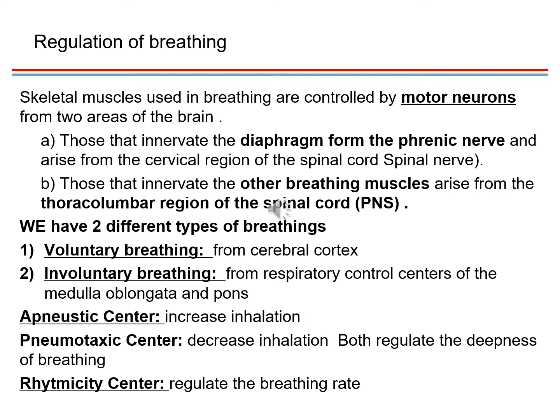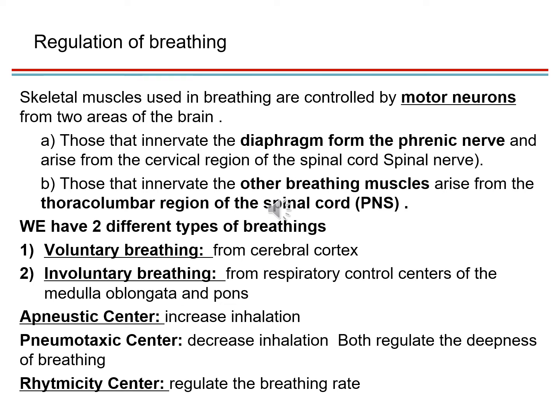The apneustic center that increases inhalation and the pneumotaxic center that inhibits inhalation both regulate the depth of the breathing. How deep, how intense is normal breathing or forced breathing? So these two centers are located in the medulla oblongata and the pons.